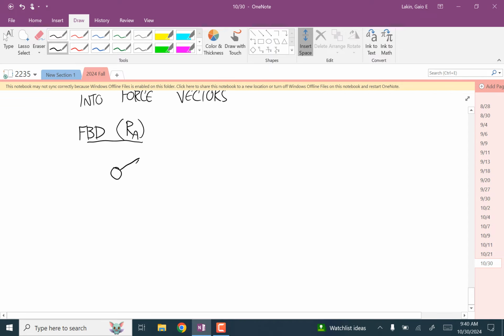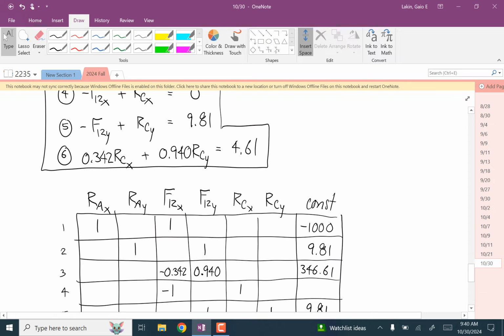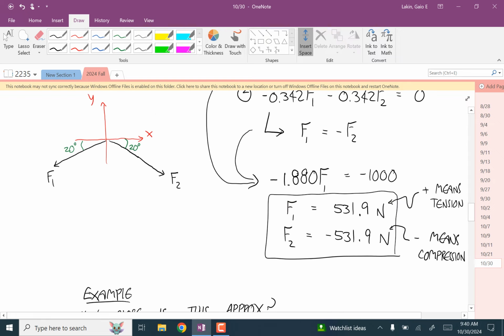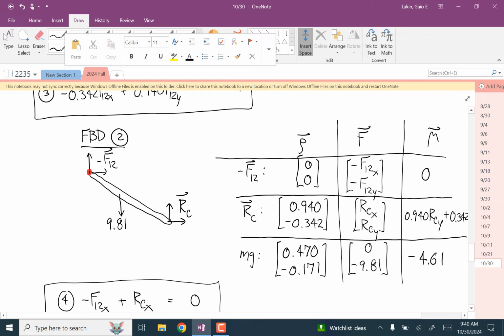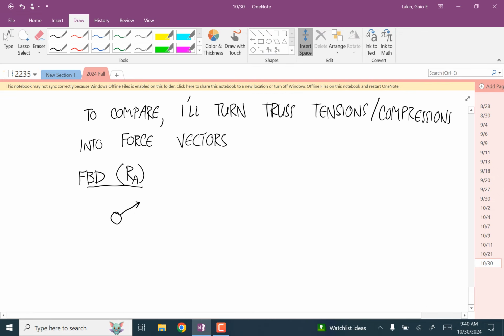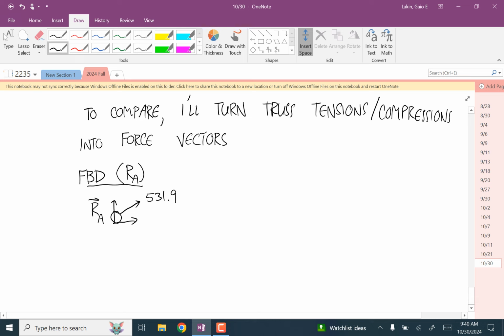We have this with a magnitude of, what was that tension force? 531.9. So 531.9 pulling that way. And then we have this force RA that we're trying to calculate.